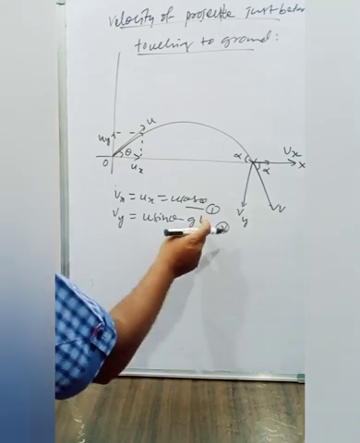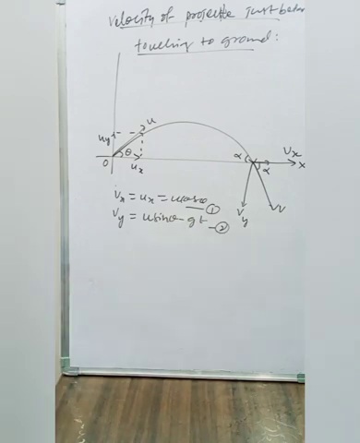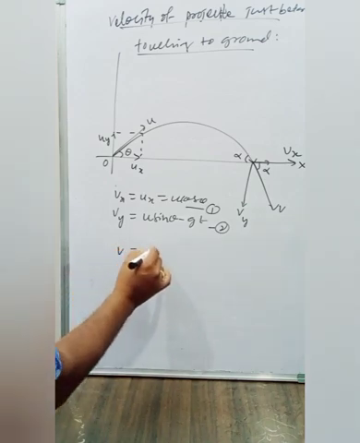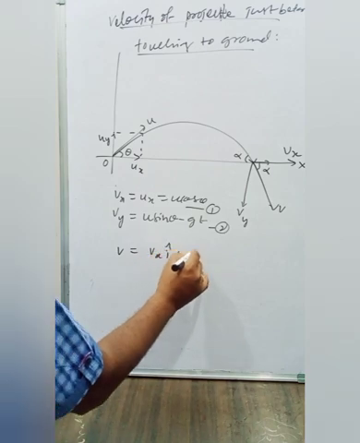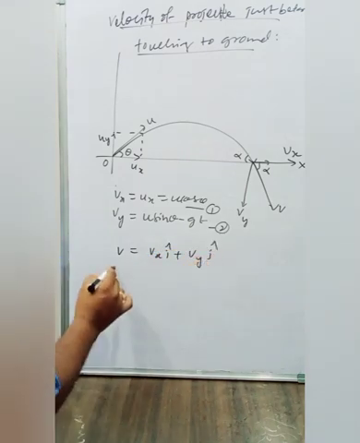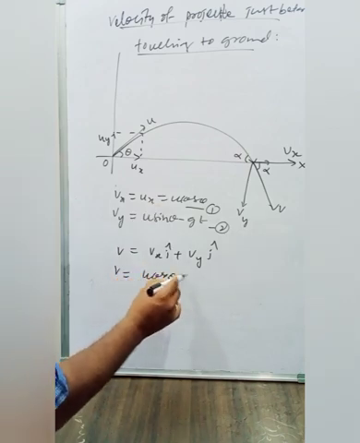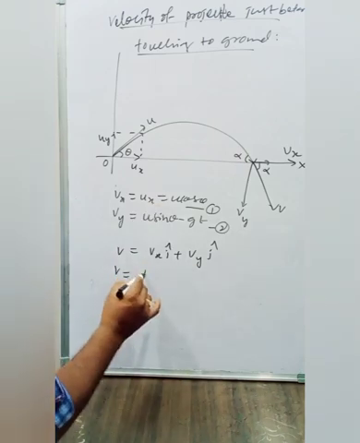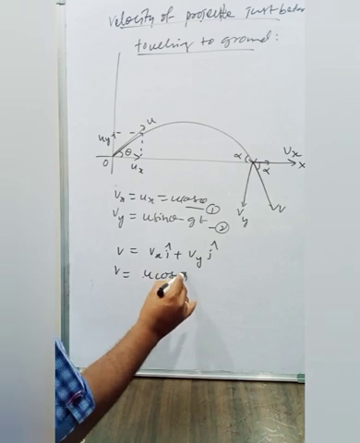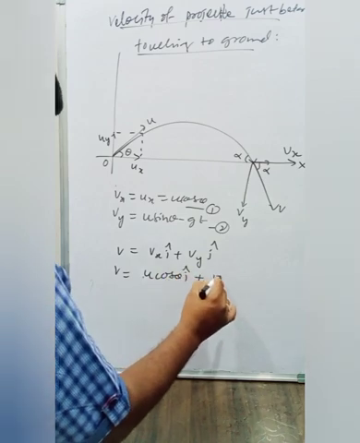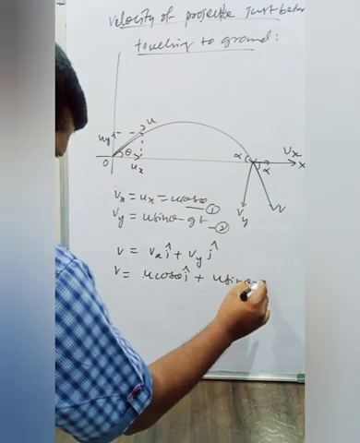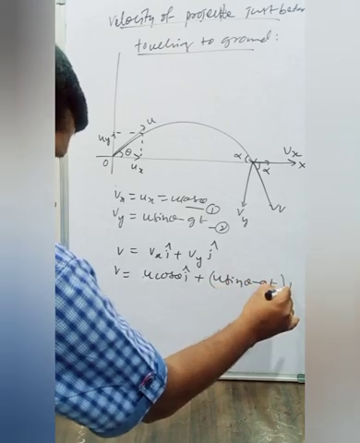Now you can substitute the time of ascent value. V is the velocity of landing. So V is equal to Vx i cap plus Vy j cap, that is u cos theta i cap plus u sin theta minus g t j cap.